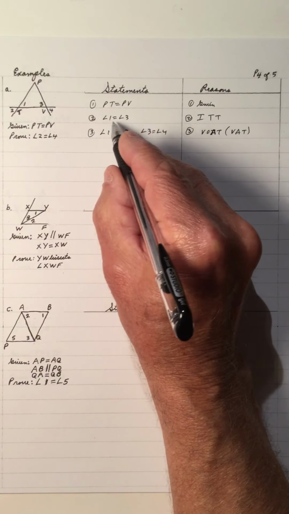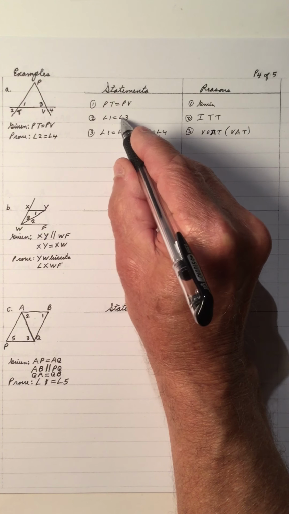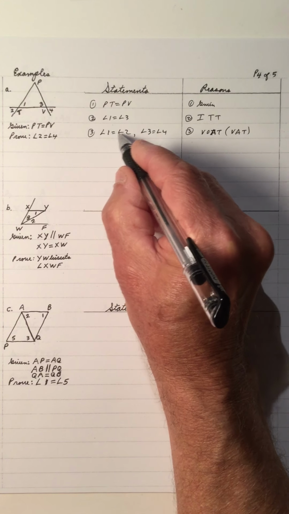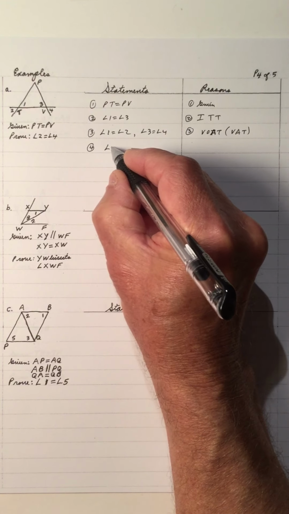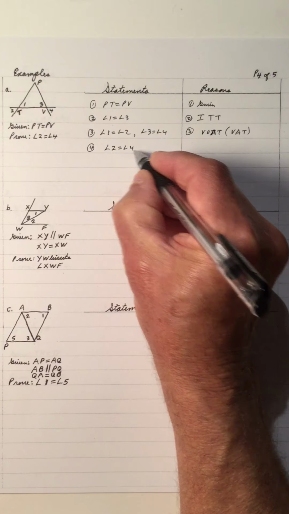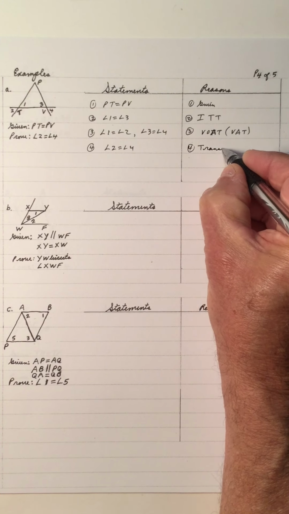And as a result, if 1 equals 3, which is right here, and we got 1 equals 2 and 3 equals 4, then it follows that angle 2 is equal to angle 4. Again, transitive property of equality.